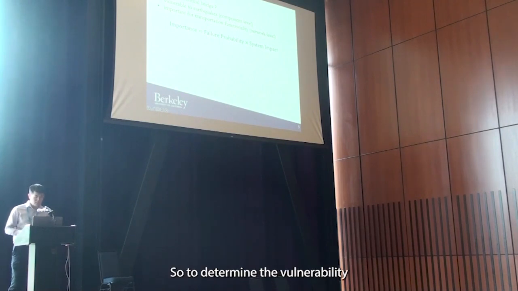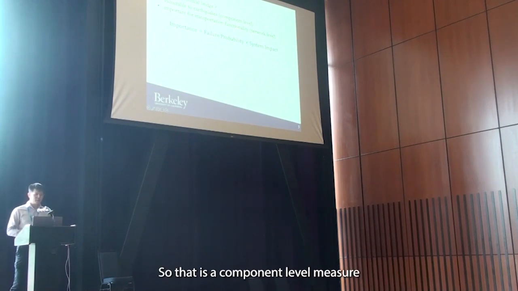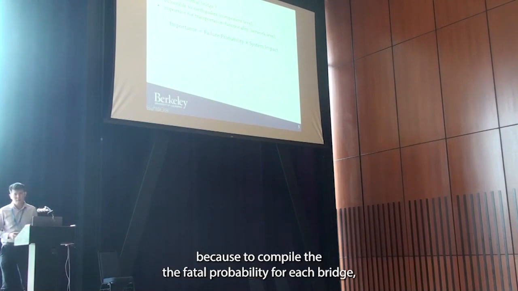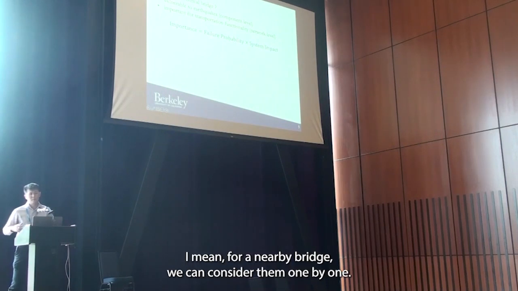To determine the vulnerability to earthquakes, we just need the failure probability. That is a component level measure, because to compute the failure probability for each bridge, we do not need to consider the failure probability for a nearby bridge. We can consider them one by one.